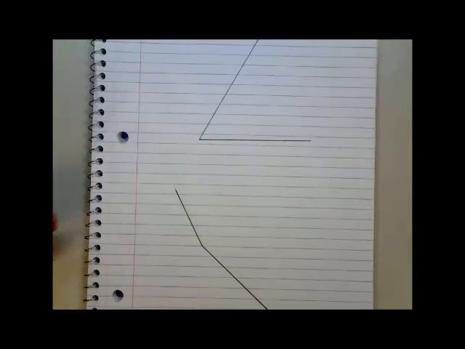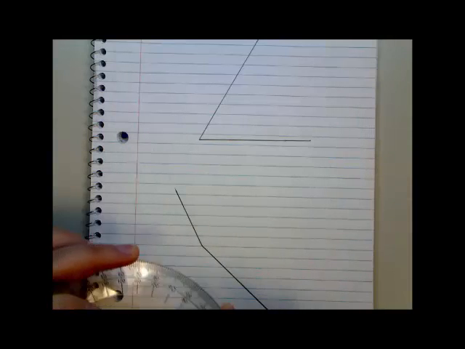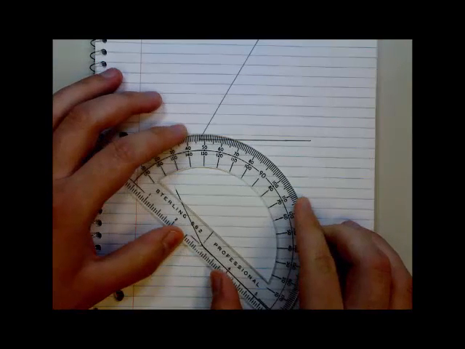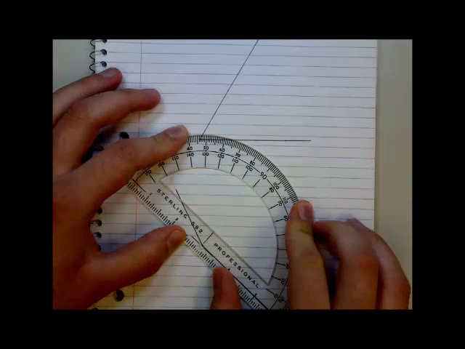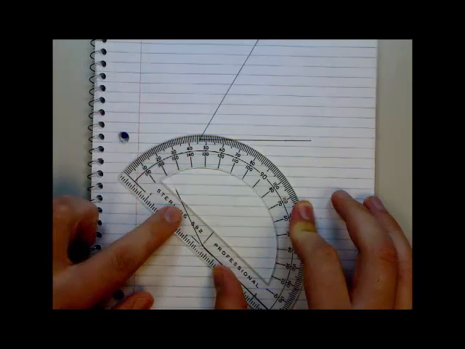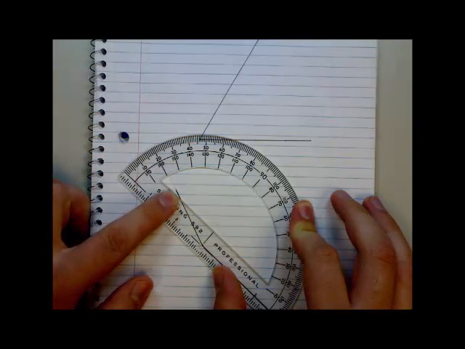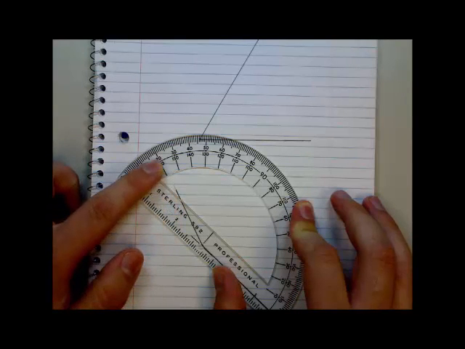Moving along, in this example, we have an angle that is obtuse, greater than 90 degrees, and we'd like to measure it. So once again, we find the vertex and line up our protractor. Now in this case, the edge that we'd like to measure doesn't extend all the way to the markings on the protractor.